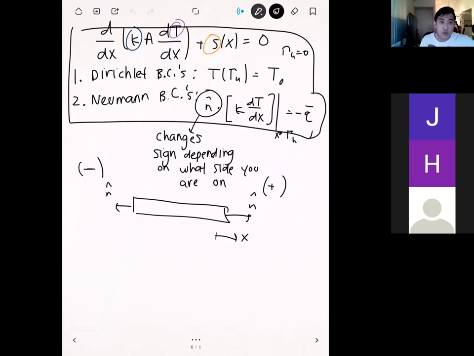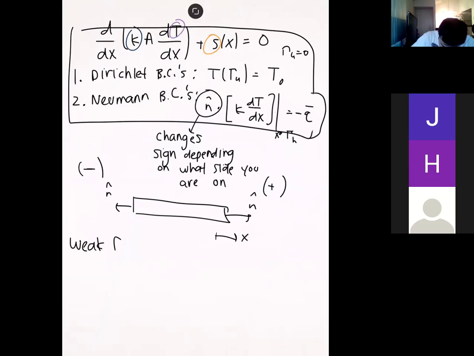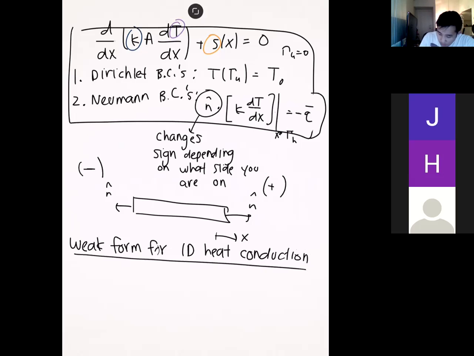Okay. And so now that we have the strong form, we're ready to derive the weak form. This is kind of nice because the derivation of a weak form is always nice to view a couple times, just because it is kind of a strange thing. Okay, and so the way that we're going to get this is the same process that we went through for the elasticity.